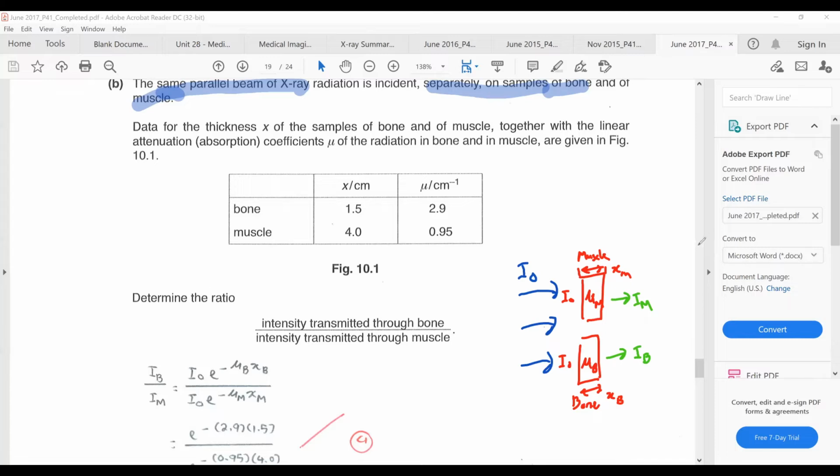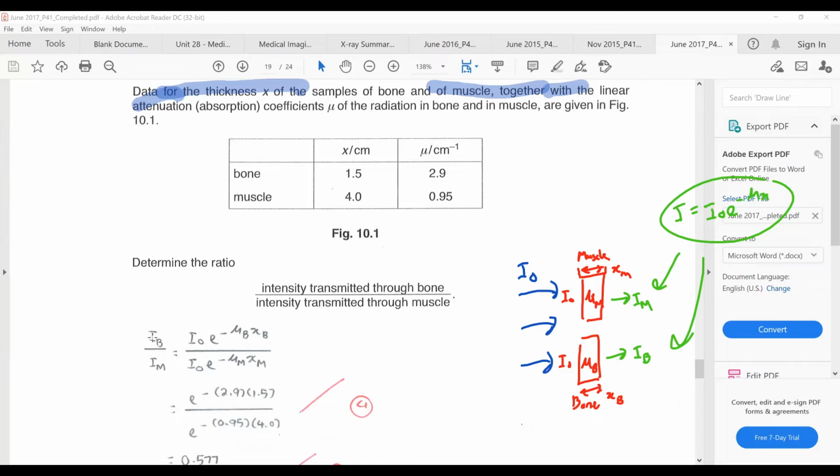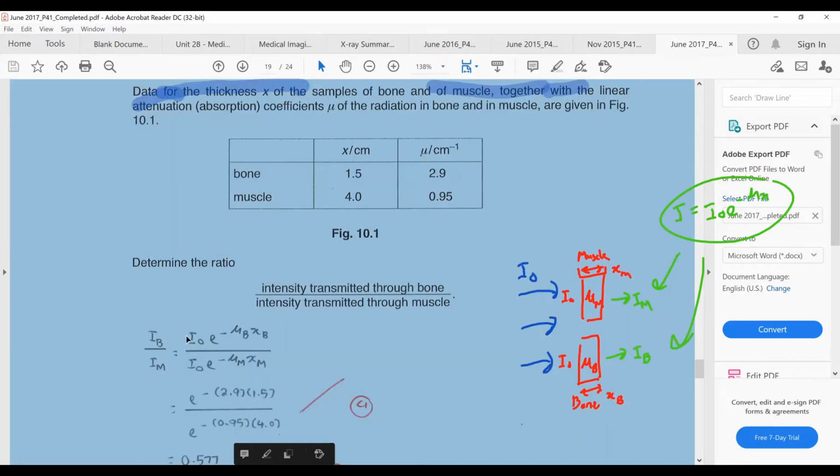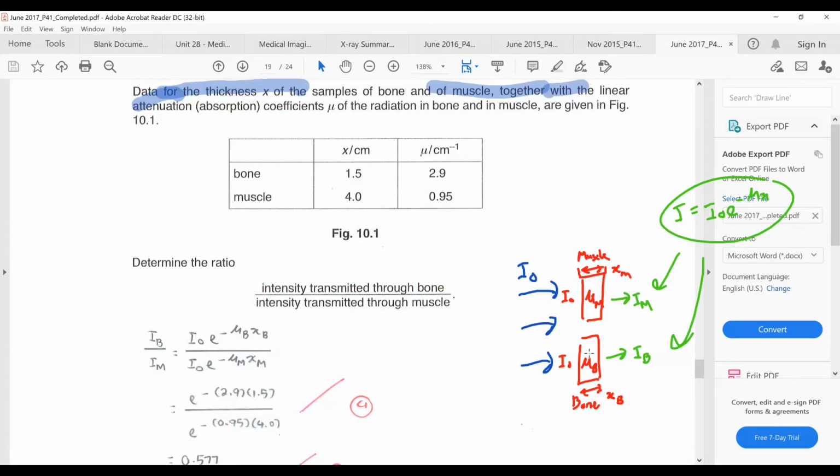You will still use this equation, but apply it separately for each. If you're talking about the ratio of the remaining intensity, or the intensity transmitted through bone and muscle, you just apply this equation for both cases, take one over the other. You will notice that they share certain things.